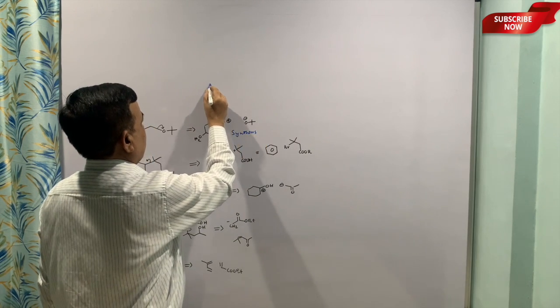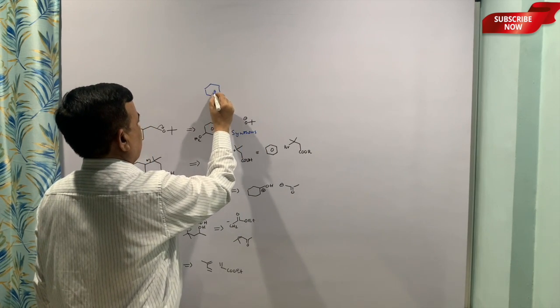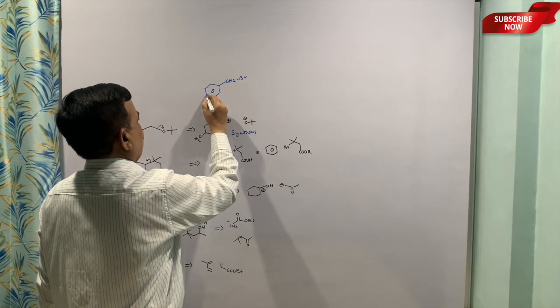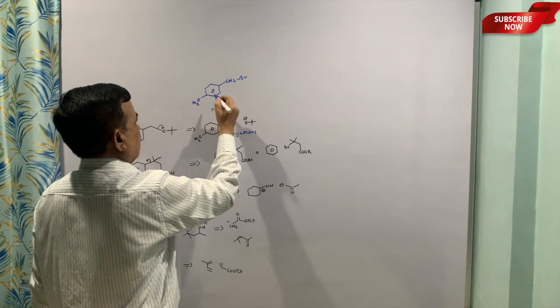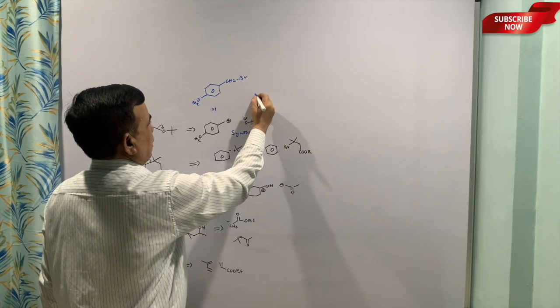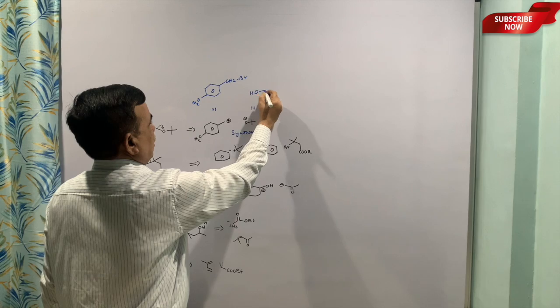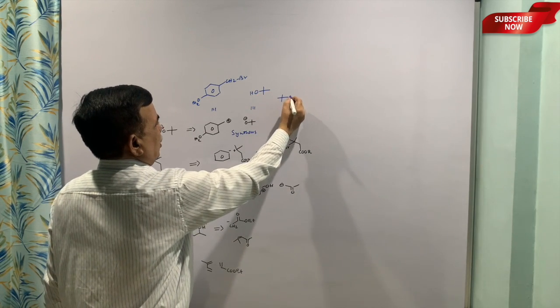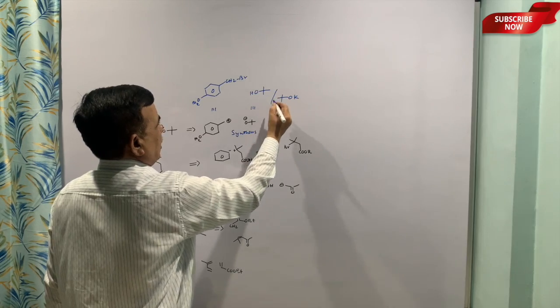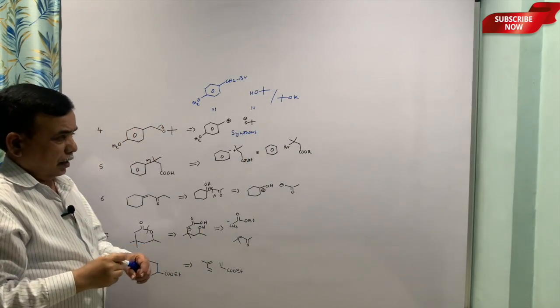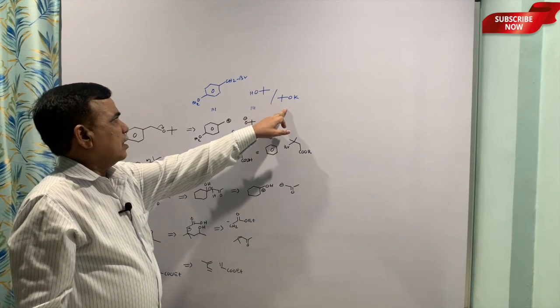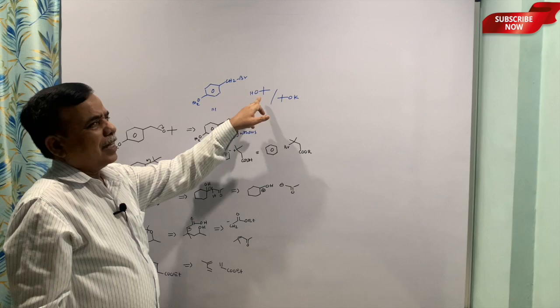Equivalent reagent I am putting on the top, CH2 with Br as some leaving group, and this is nothing but your alcohol, or you can have potassium tertiary butoxide, anything. This would be better because this O minus is more nucleophilic than the alcohol itself.